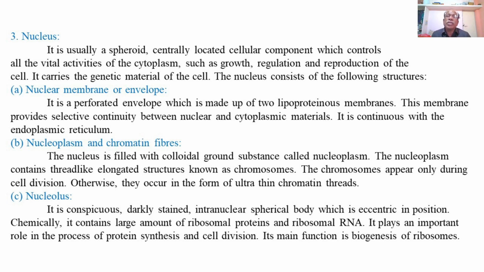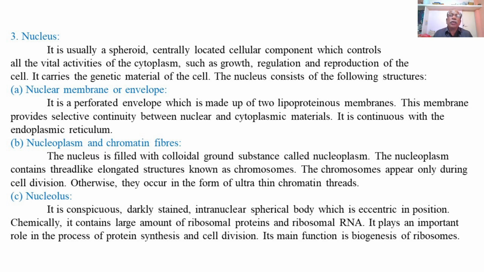The nucleus consists of the following structures. The nucleus is a spherical, centrally located cellular component that controls all the vital activities of the cytoplasm, as it contains the genetic material in the form of a definite number of chromosomes in a diploid set of the species.